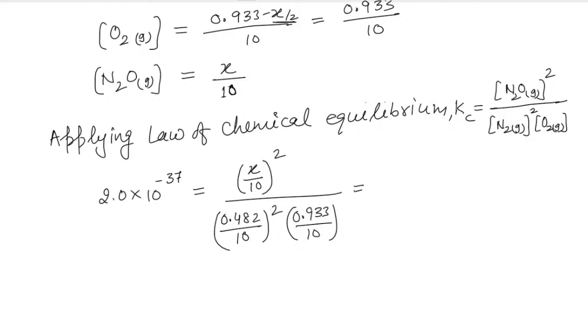So, it comes out to be, yes, 0.1 x raised to power 2 divided by 0.0482 raised to power 2, 0.0933 raised to power 1.